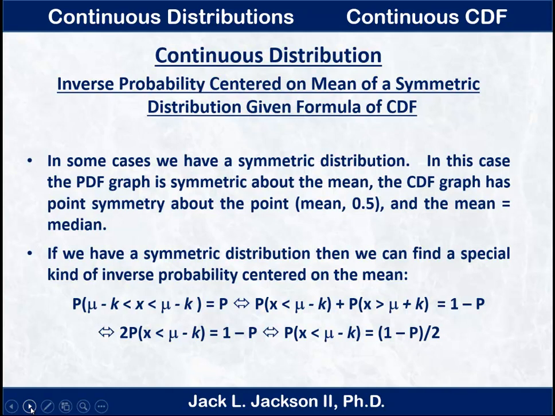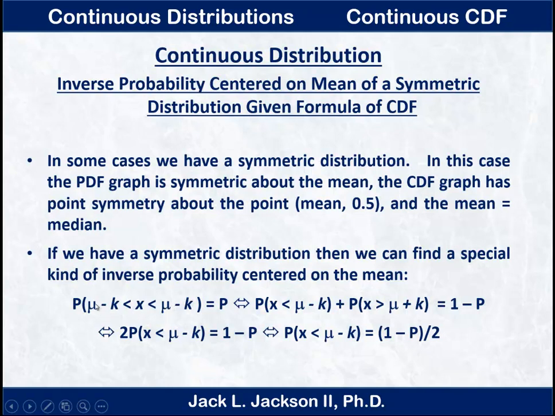So if we have a symmetric distribution, we can find a special kind of inverse probability centered on the mean. So remember, the mean is mu, so we want to find the mean minus some number k up to the mean plus that number k. That should be a plus right there, a typo.